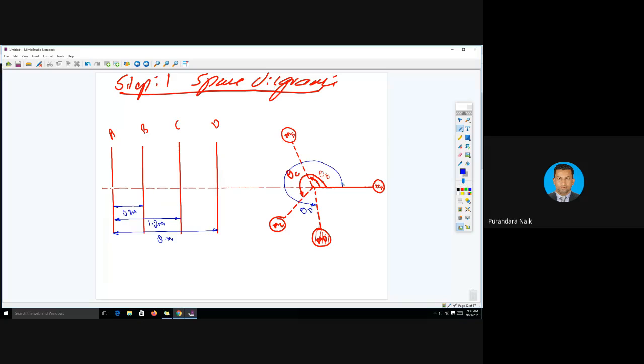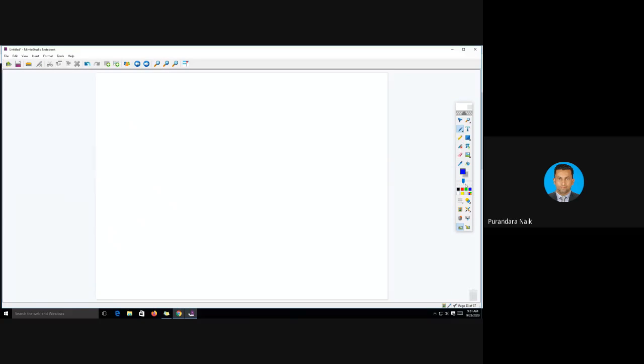Next step, step 2 is the tabular column. Can anyone tell me the answer for the tabular column? How many columns you need to take?